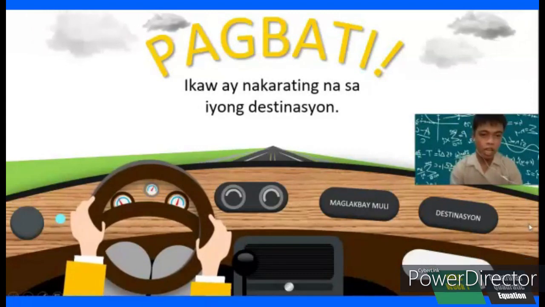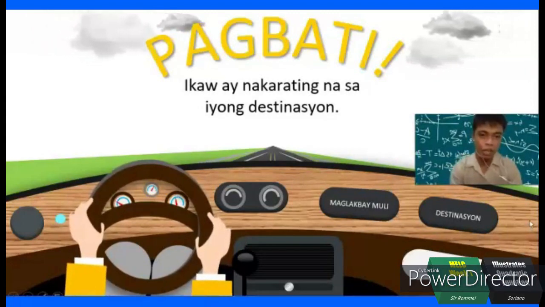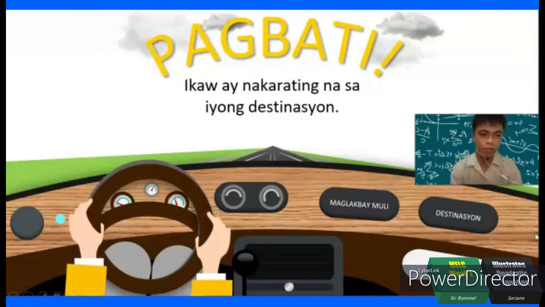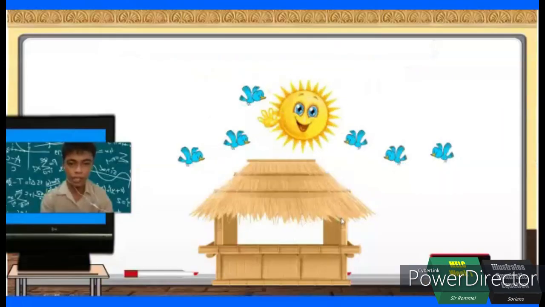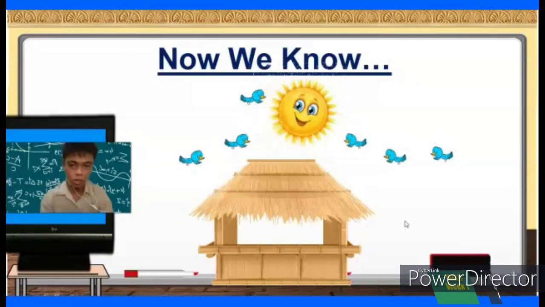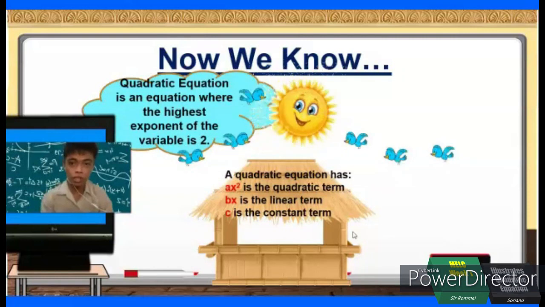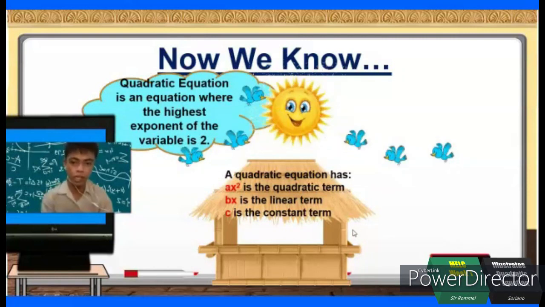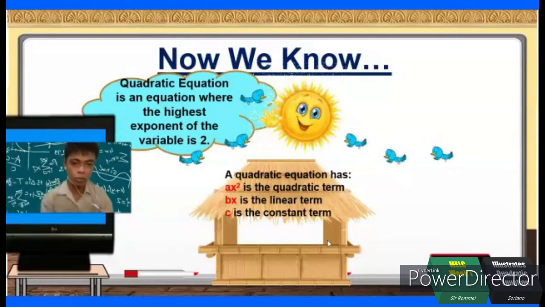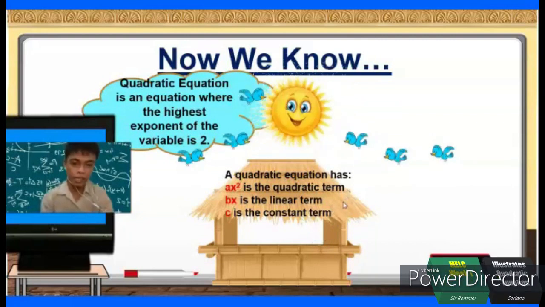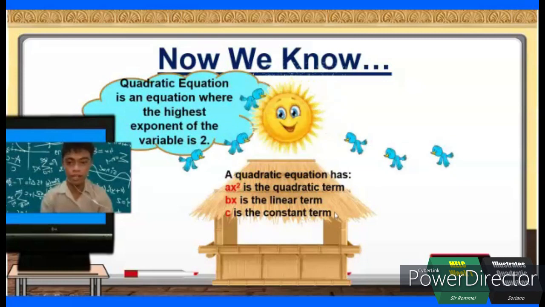So, I hope maraming natutunan tayo how to write the quadratic equation in standard form. Alamin natin yung mga natutunan natin. So, now we know, quadratic equation is an equation where the high exponent of the variable is 2. A quadratic equation has, for ax squared, ang tawag natin doon ay quadratic term.